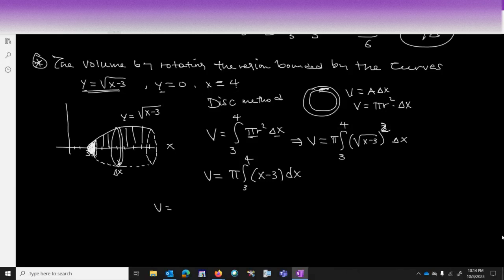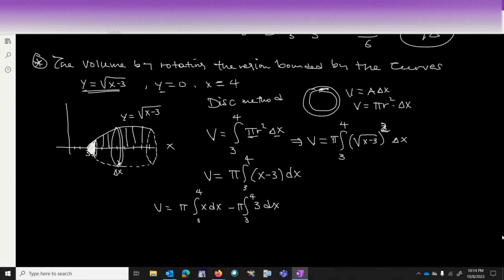So V equals pi times the integral of x dx from 3 to 4 minus the integral of 3 dx from 3 to 4. I split the integrand into two different integrals, and pi is outside because it applies to both of them.